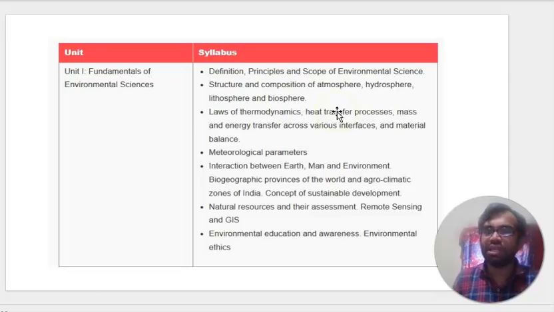You can see definition, principle and scope of environmental science, structure and composition of the environment, hydrosphere, lithosphere and biosphere, laws of hydrodynamics, heat transfer process, mass and energy transfer across the various interfaces and material balance, meteorological parameters, interaction between the earth, man and environment, biogeographic provinces of the world and agroclimatic zones of India, concept of sustainable development, natural resources and their assessment, remote sensing and geographical information system, environmental education and awareness, and environmental ethics. These are the first unit subtopics.